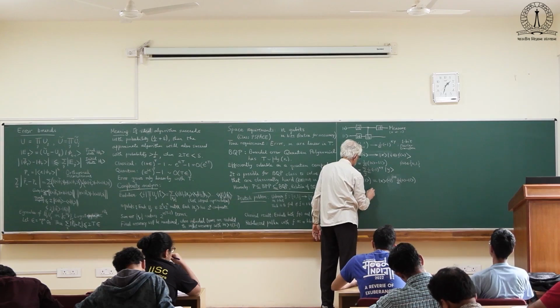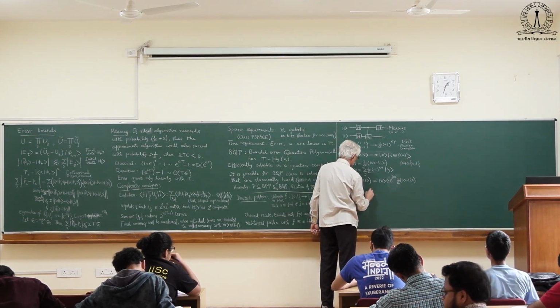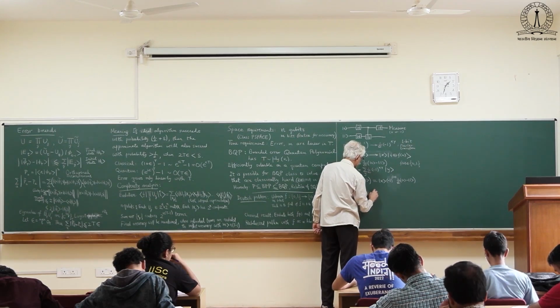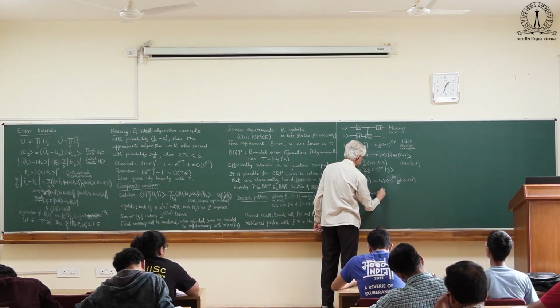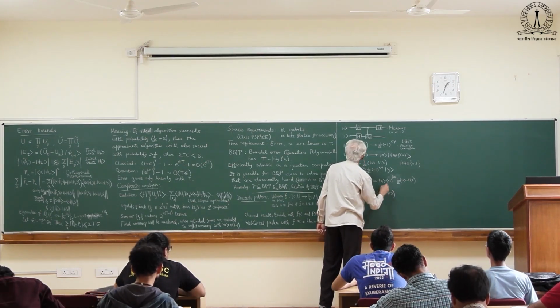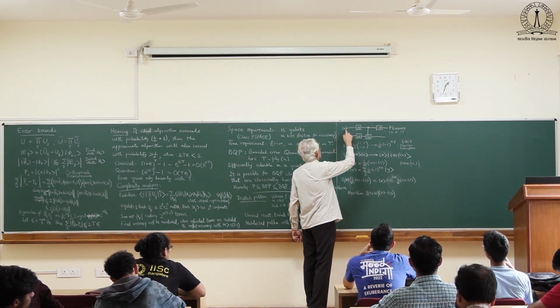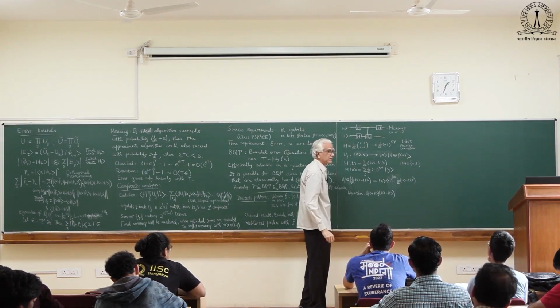The initial state, using these two operations, will become one half of (0 plus 1) for the first bit and (0 minus 1) for the second bit. That is just the result of the Hadamard operator acting on 0, and on 1.